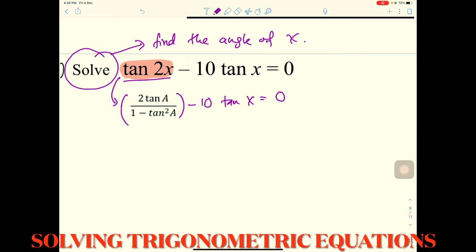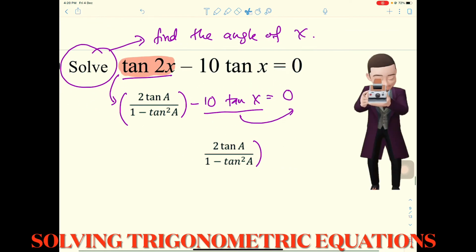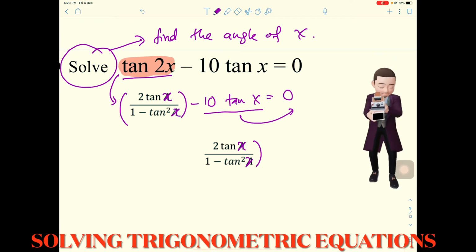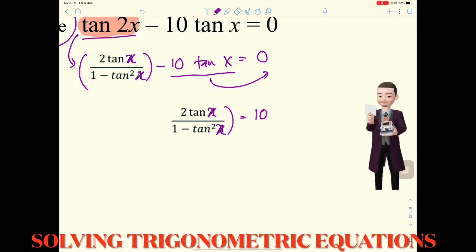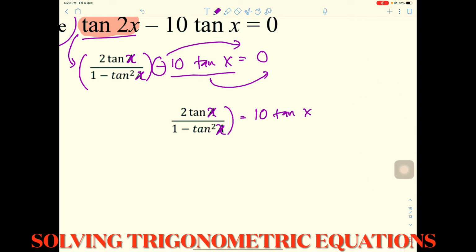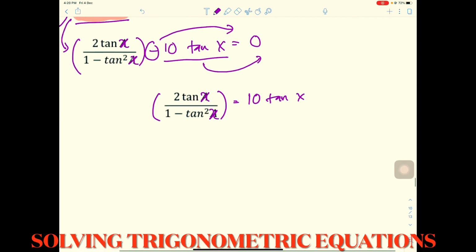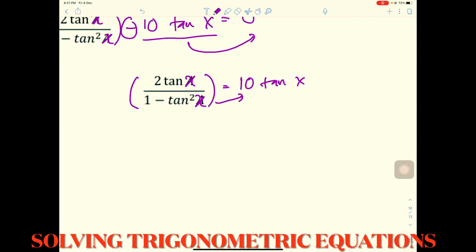To simplify and solve, the second term we bring to the left hand side, so it becomes 2 tan x over 1 minus tan squared x equals tan x, because the negative brought to the right hand side becomes positive. Then bring 1 minus tan squared x to multiply with tan x, so it becomes 2 tan x equals tan x times (1 minus tan squared x).